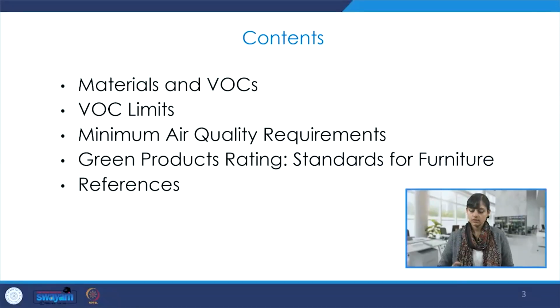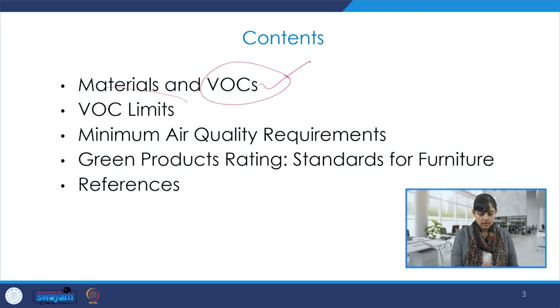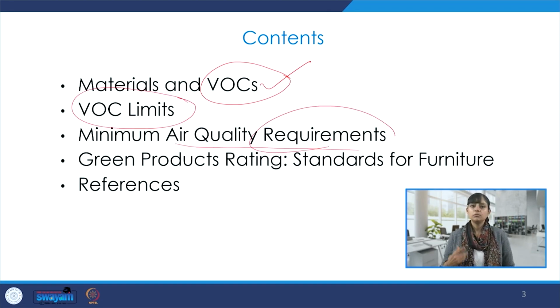So broadly speaking, the contents for today are materials and VOCs. So these are volatile organic compounds, like we just came across this term last time. The permissible limits, the minimum air quality requirements, green products rating, especially standards for furniture, and some references.